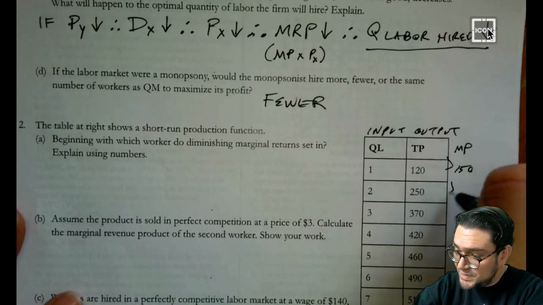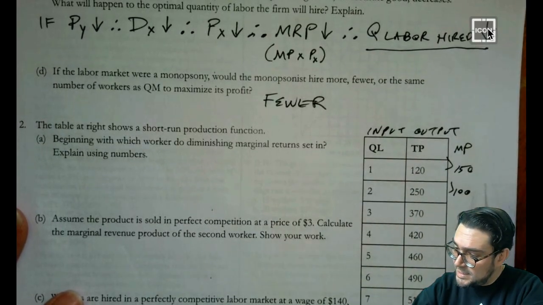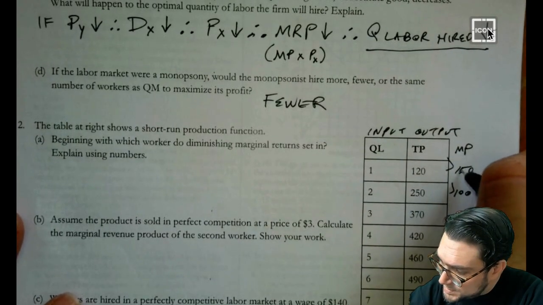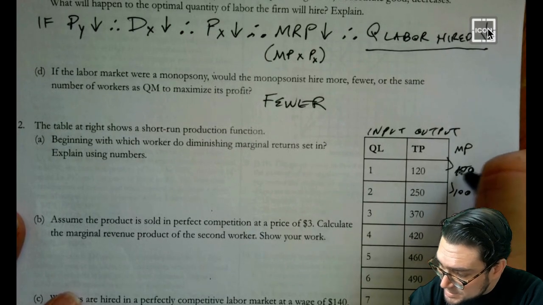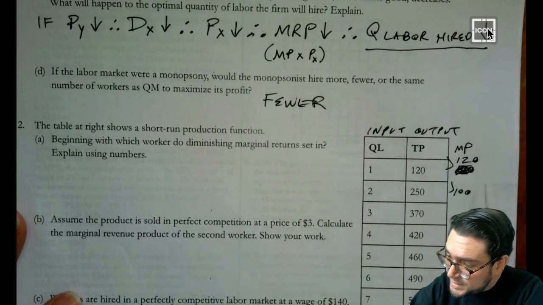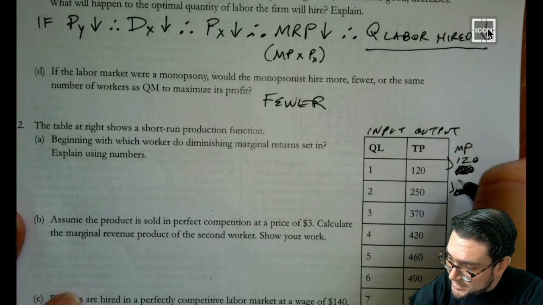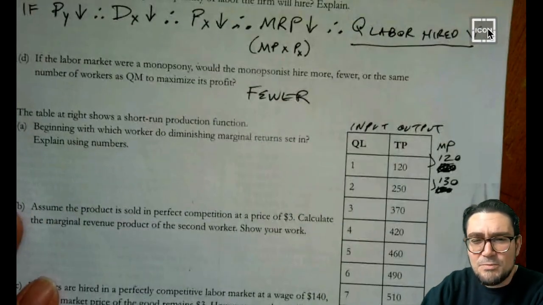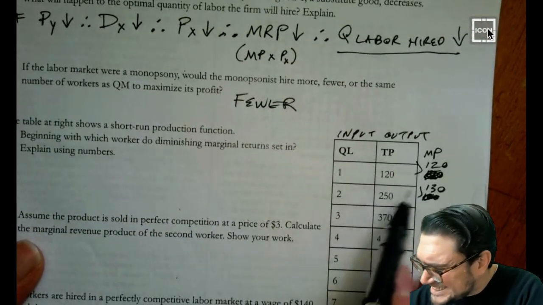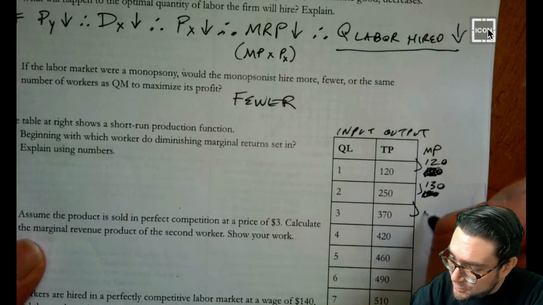We have 150, 100. Sorry, that's not 150. That's 120. I can't quite read my own stuff here. Let me just cross that out. 120. 130. My eyes are getting old. 130. 120. There it is.